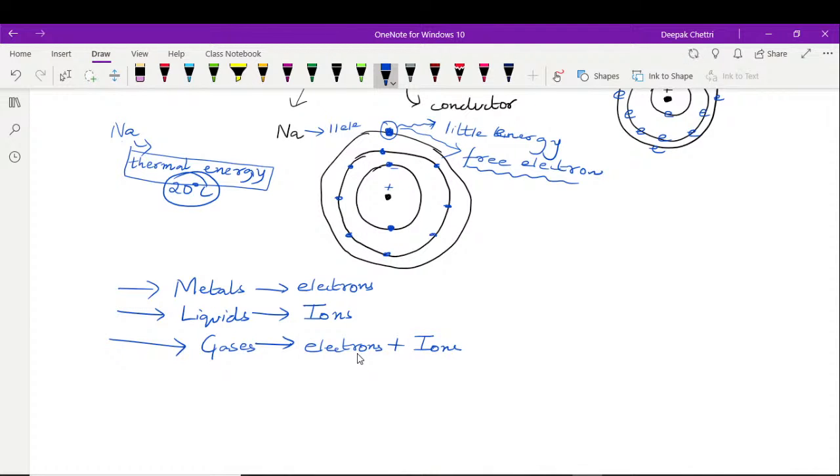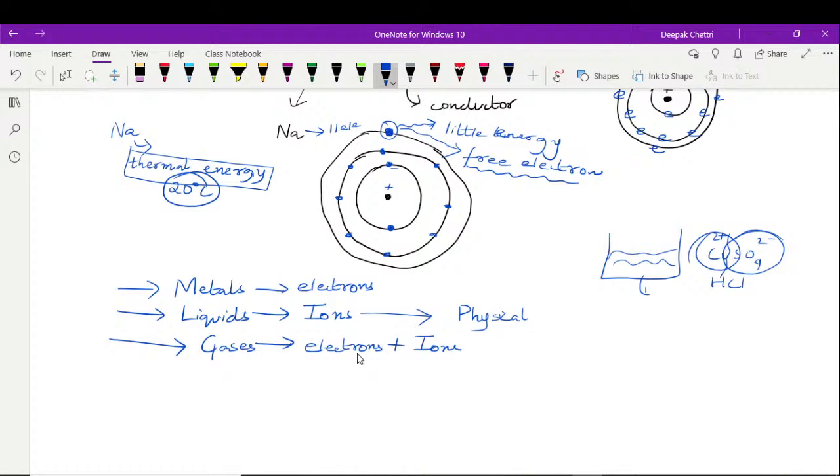Now liquids, ions, I think you have studied in chemistry, physical chemistry, you must have studied. When you study about battery, what is there inside a battery? There is a liquid, right? Sometimes it is copper sulfate, sometimes it is hydrogen chloride, right? And what happens when you discharge or when you ionize this, the copper breaks into 2 plus and 2 minus, and these are the ones who carry the current, right?